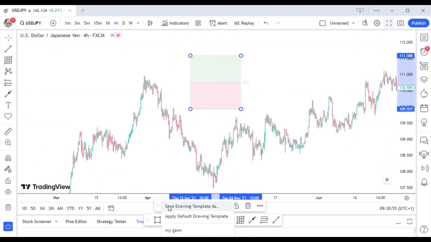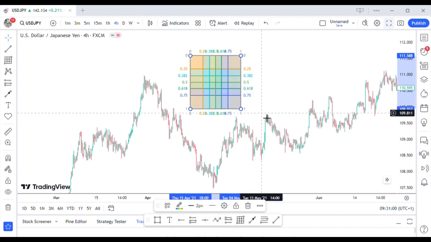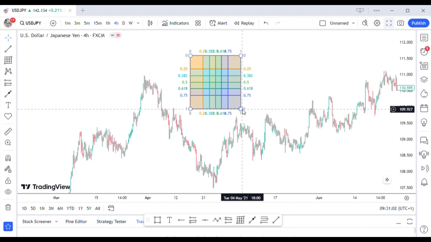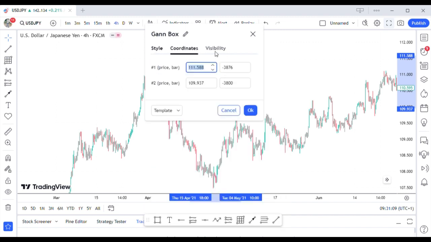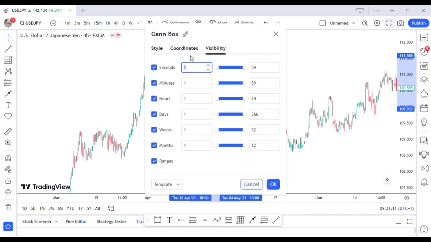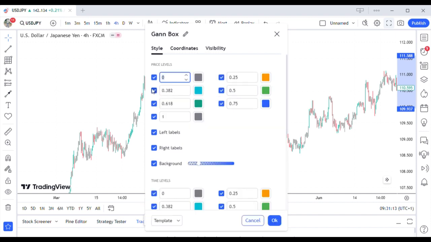Yours is not going to display like this; yours is going to display like this, you understand. So let me take you through how to set it up, because I've set mine, so you also have to set yours. You can see this is the style, this is the coordinate, and this is the visibility. In the style, you are going to remove these and leave this 0, then remove this one, this one, and this one, and leave this 0.5.